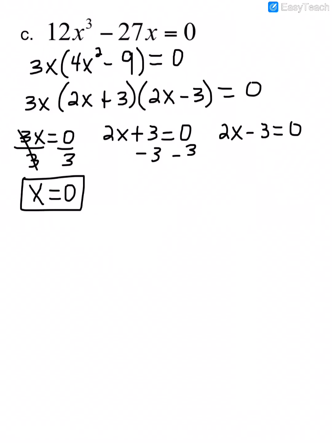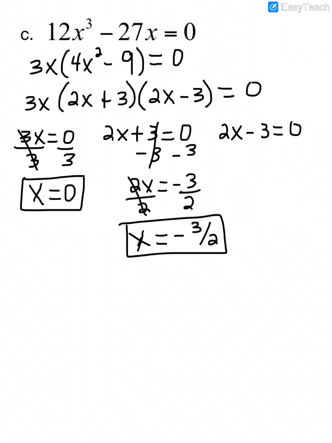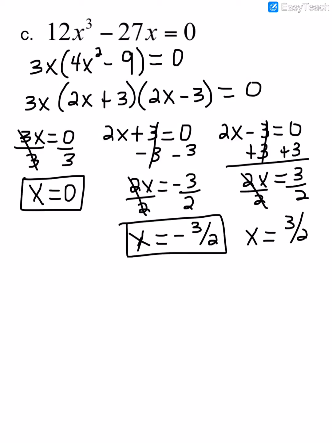Subtract 3, and divide by 2, and I get x equals negative 3 over 2. Add 3, and divide by 2, and I get x equals a positive 3 over 2. And those are my 3 solutions.